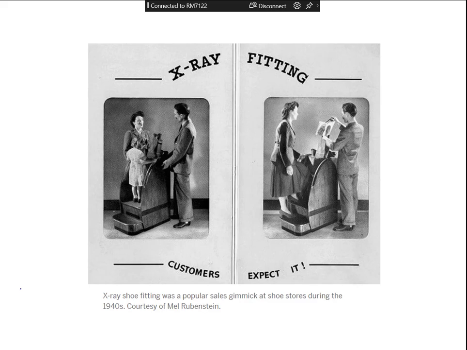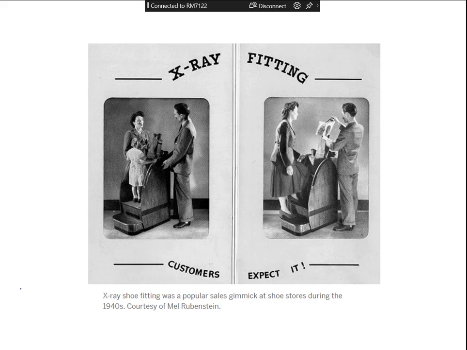In fact, shoe companies jumped on this bandwagon, and in the 1940s they had X-ray machines in shoe stores. You could put on a pair of shoes and stand on this box, and the box itself was an X-ray machine. How great was that? You could see the perfect fit.